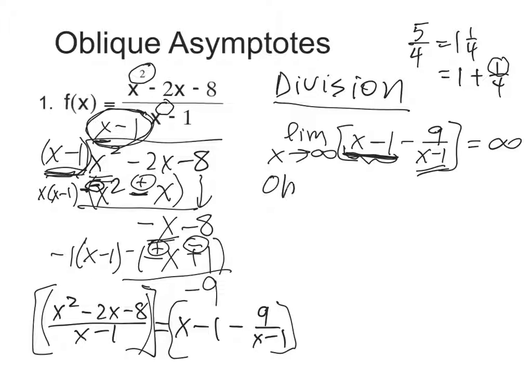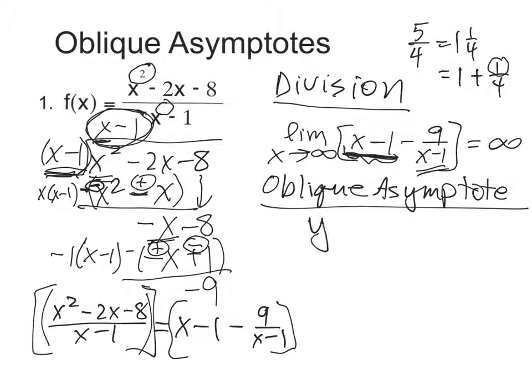The oblique asymptote will be the equation y equals whatever this part is, because the fractional part will always go to 0, no matter what our original function looks like. If our numerator has a larger degree than the denominator, the fractional part will go to 0. Okay.